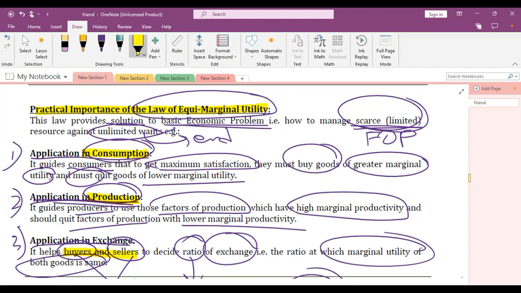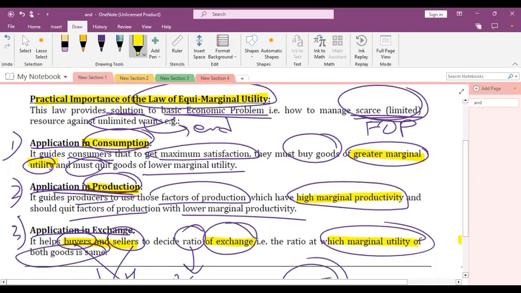So the conclusion is that the goods that give higher marginal utility should be consumed, higher productivity factors of production should be used, and buyer and seller should exchange such goods which give the same level of marginal utility. So this was our today's class in which we have studied the practical significance of the law of equi marginal utility.